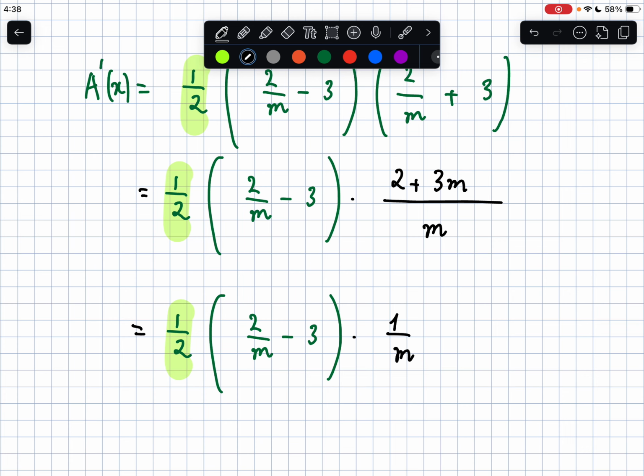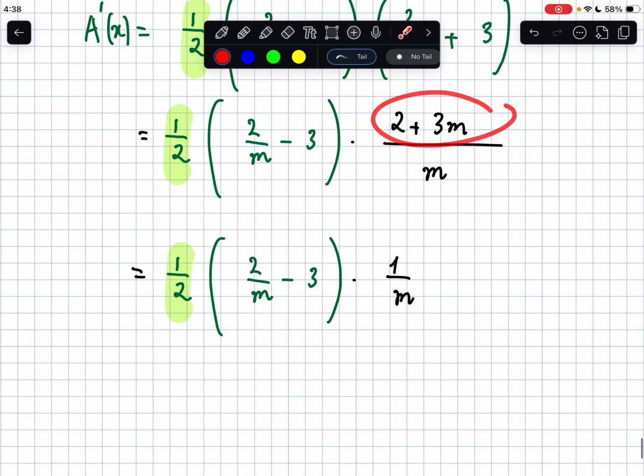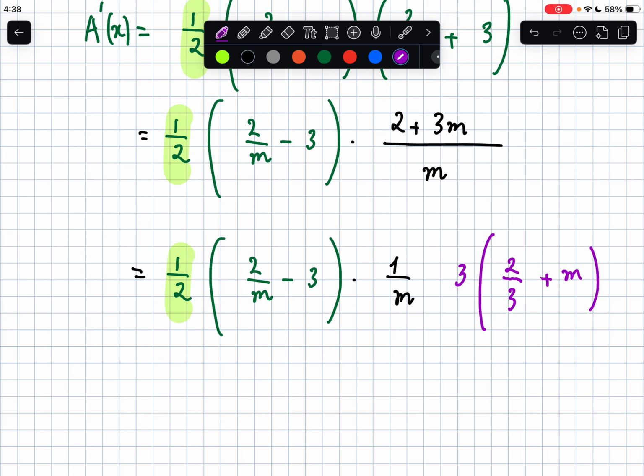So we really have 2 plus 3m. Because I have a 3 coefficient there, let's write out 3: inside you have 2 over 3 plus m.